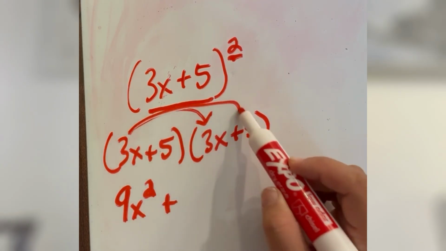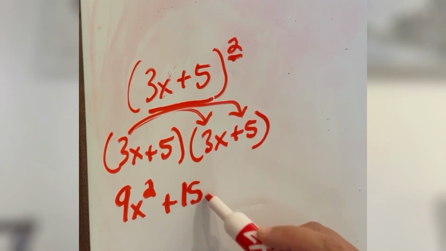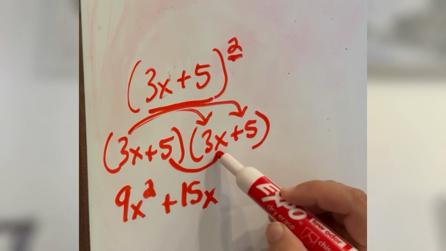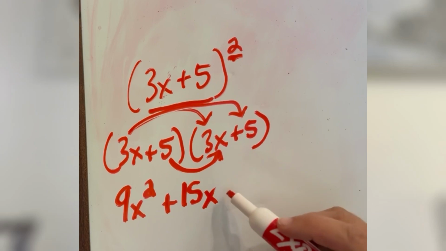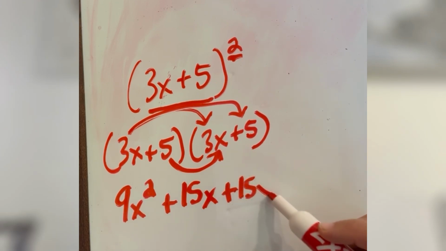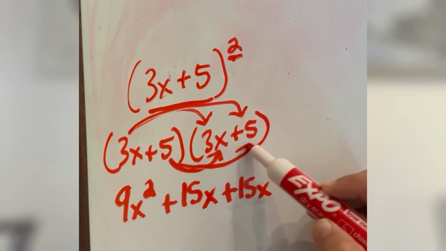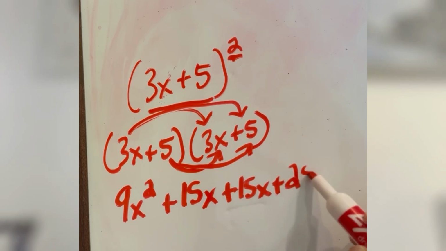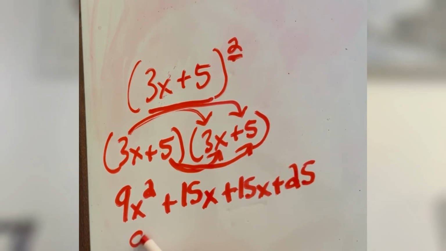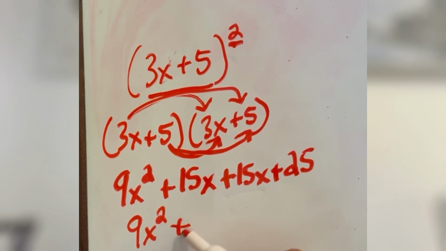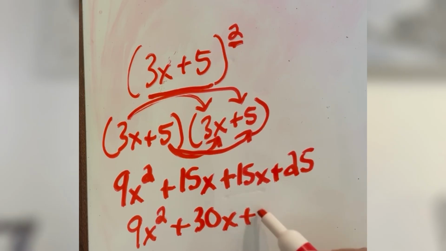Then we'll multiply 3x by 5 to give us plus 15x. Then we'll multiply 5 times 3x to get us 15x. And then we'll multiply 5 times 5 to give us 25. Combining our like terms, we're going to have 9x squared plus 30x plus 25.